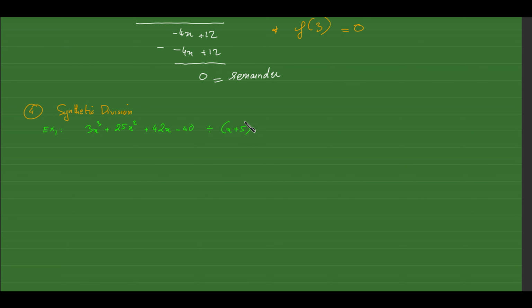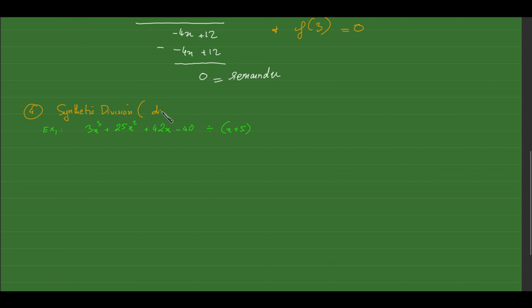Before I start the example, I just want you to notice this, because synthetic division is very picky. Not all polynomials we can divide. For regular division, which is the long division we did in the first 3 examples, that's called long division. For synthetic division, we can only divide by a first degree divisor.